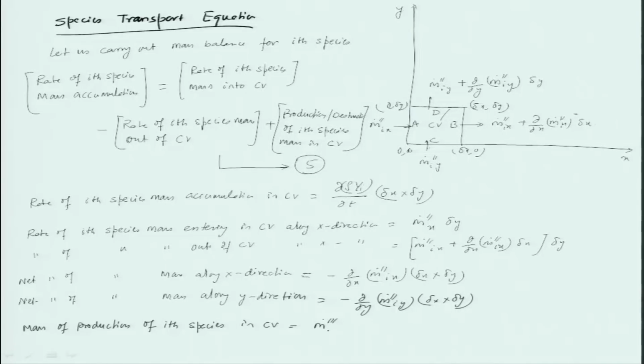Into delta x delta y, into 1 basically. Now, in equation 5 all the terms we have derived. If we just include that in equation 5, this is your 6, this is 7, 8 and 9.